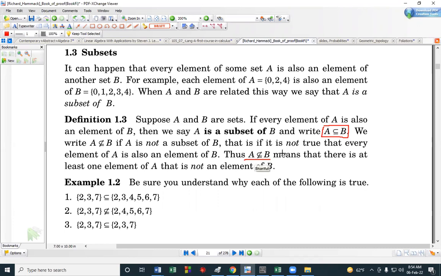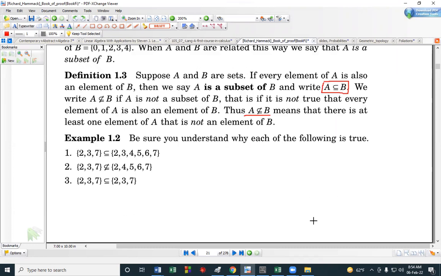But by containment, we mean everything in A is contained in B. For example, this is a collection of some numbers, and this is another collection of some numbers. Each element of this smaller collection is an element of the bigger, larger collection.